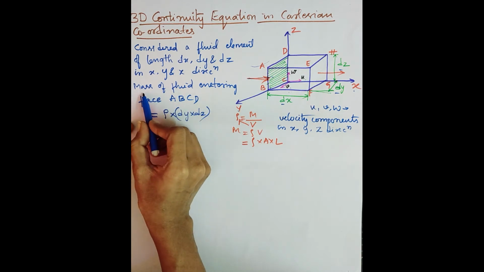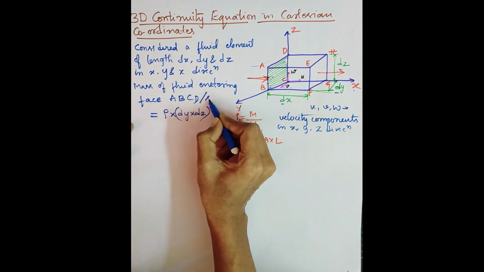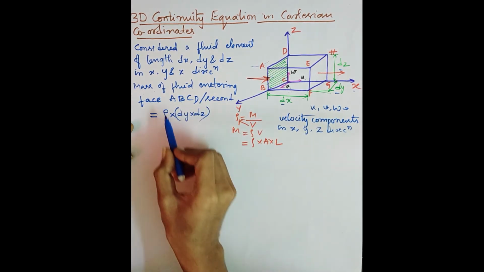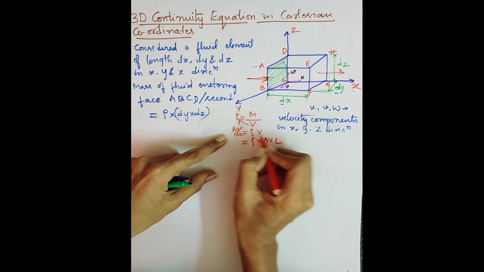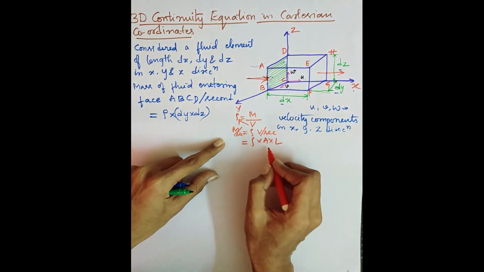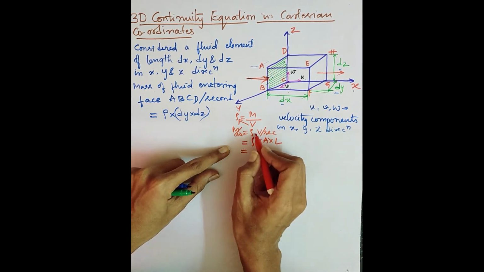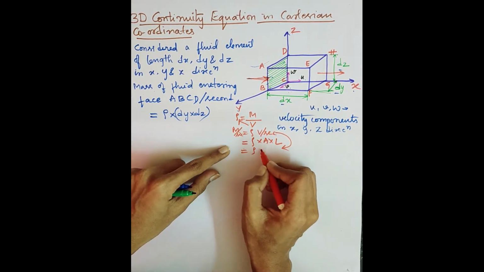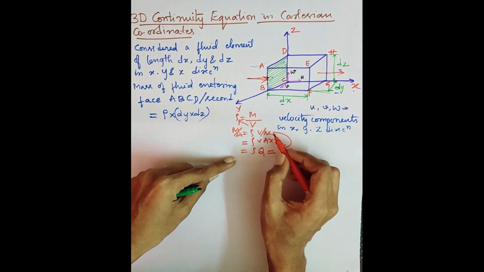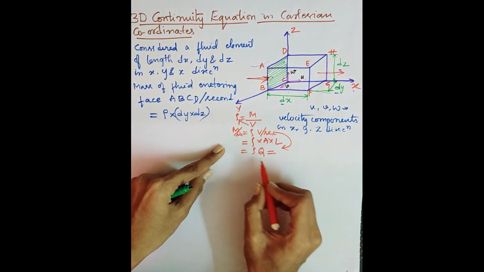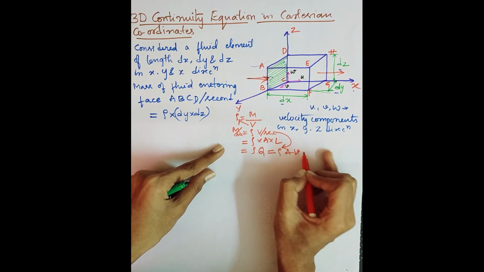Here we are considering the mass of fluid entering the face ABCD per second, so mass per second means volume per second times density, which is rho into Q. Volume per second, in meter cube per second, is the discharge. So discharge is what? Area into velocity.